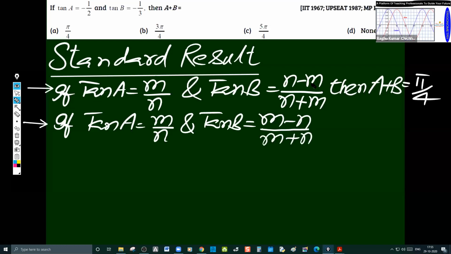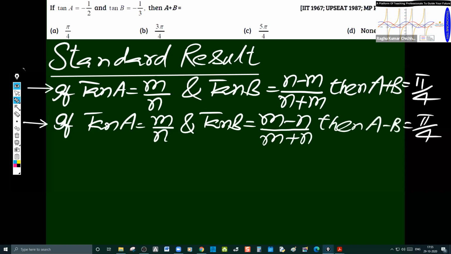This is denominator minus numerator. This is numerator minus denominator. Then there will be a change of sign in the result also. A minus B is equal to pi by 4.